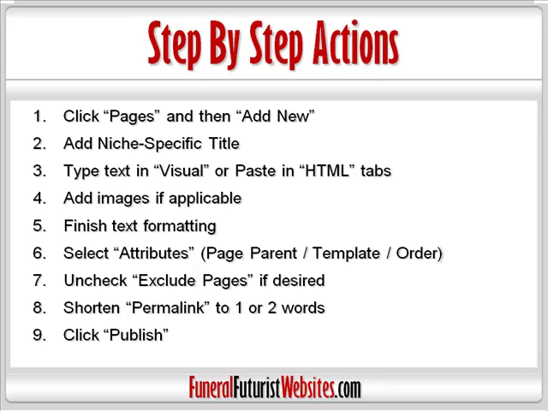Select the attributes that you want, being the page, what page parent if applicable, what template if applicable, and what order. Then uncheck the exclude pages if that's what you want to do. Make sure you shorten that permalink to just one word, preferably one word, but 2 words max. And click publish, and then advertise that page.